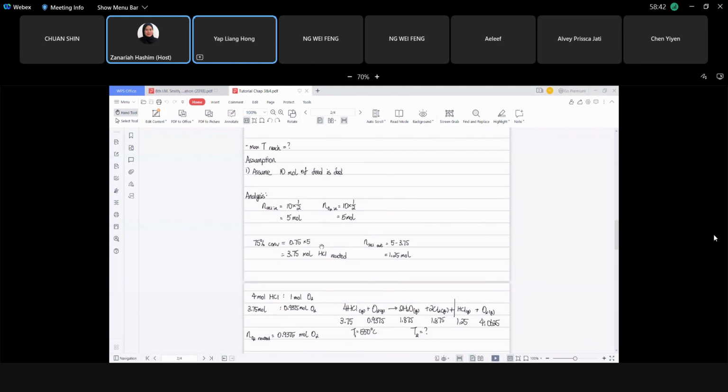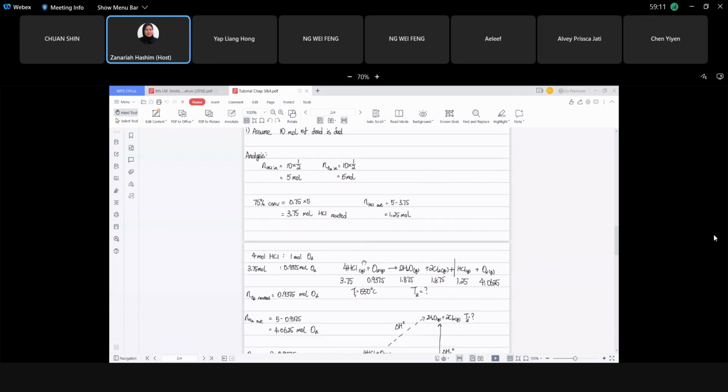So that means what is your actual reaction? This is 3.75. So it doesn't depend on the 75% conversion? It depends on the actual reaction that happens. So in this case, you have to take into account the 75%.